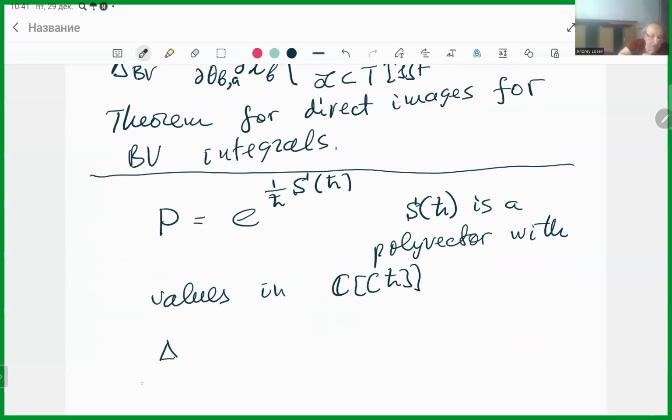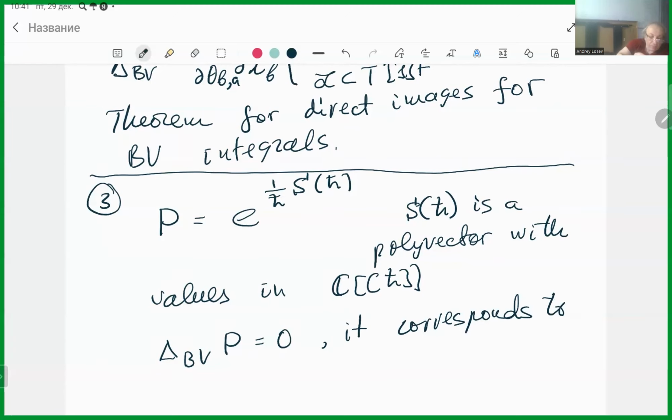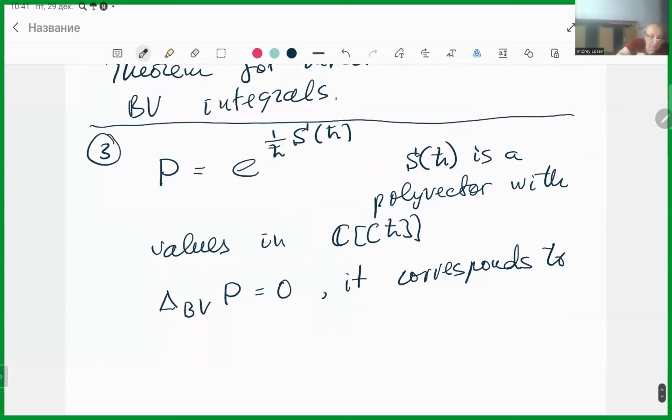And we impose the condition delta BV on the polyvector equals to 0. So it is idea 3. It corresponds to, and it's interesting to compute. You may do the computation.